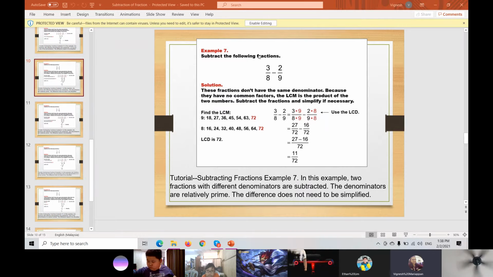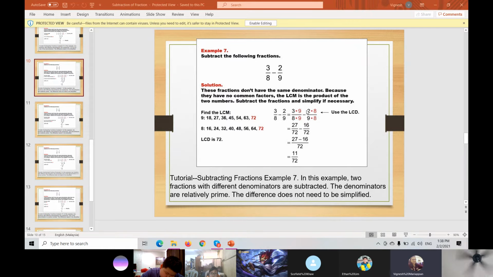Okay, I'm going to explain this one. Teacher says the denominator you have to make it equal, right? Can you see my screen? So how you going to make it equal? Of course, 8 multiply 9, 9 you have to multiply with 8, correct? When the denominator here you multiply with 9, here the 3 also you have to multiply with 9. When the denominator here you multiply with 8, here also you multiply with 8.